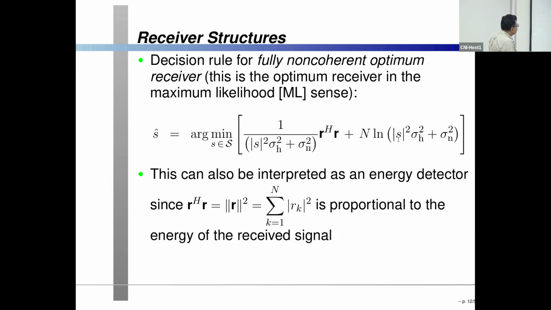Of course, R is in general complex because you have the additive noise also, plus you have the channel coefficient, which is complex. So that's the first receiver. This is basically under IID Rayleigh fading. This is the optimum non-coherent receiver, fully non-coherent under IID Rayleigh.